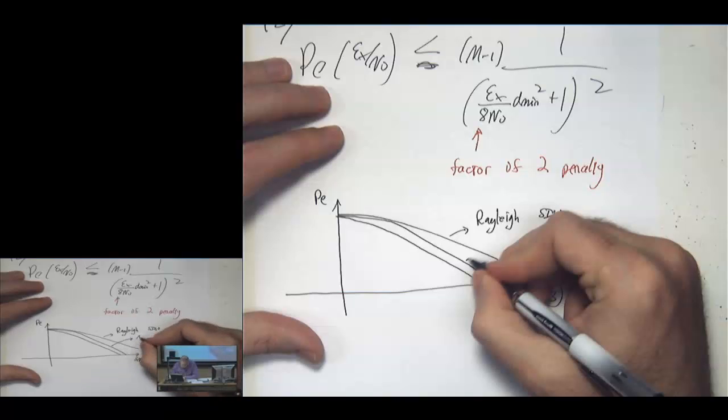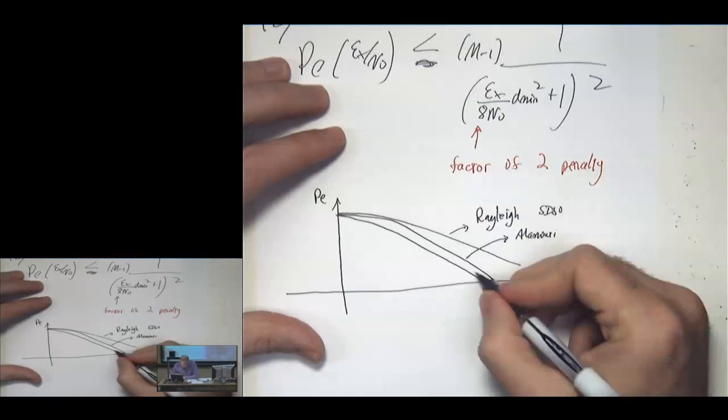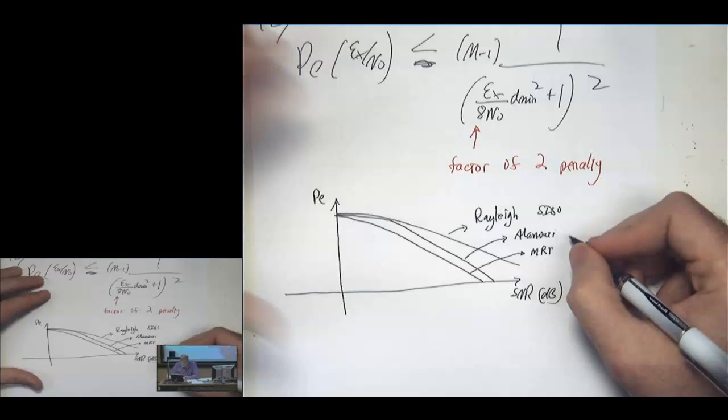And this would be Alamouti, 2 antennas, and then this would be, let's say, MRT or MRC. But let's look at MRT because we have 2 transmit antennas.